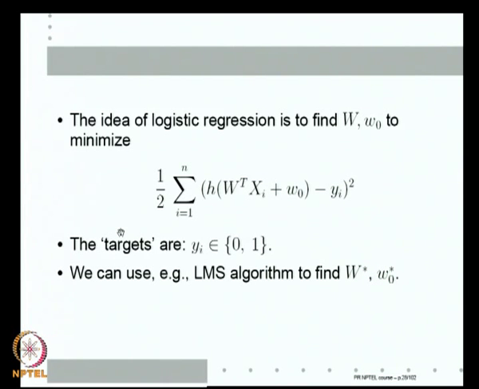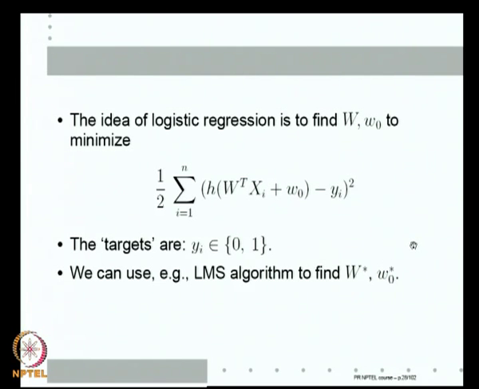We take the targets to be 0 and 1, and as we saw while studying the LMS algorithm, the least squares approach is easily generalizable to h of W transpose x plus W naught as the model function, as long as h is nicely monotone and differentiable. So, essentially on this function we do a gradient descent to learn the optimal W and W naught.